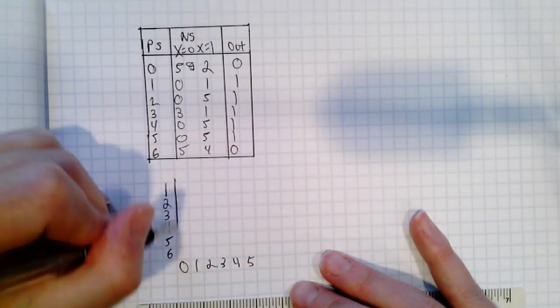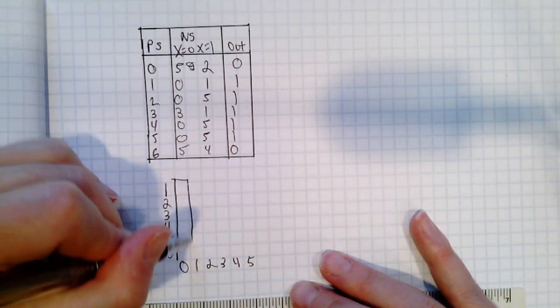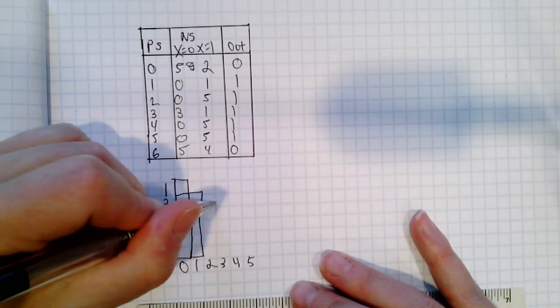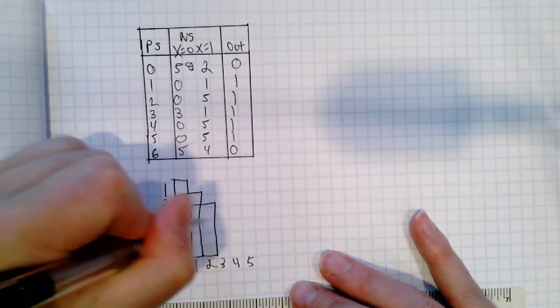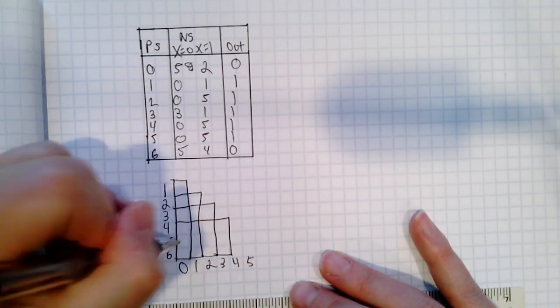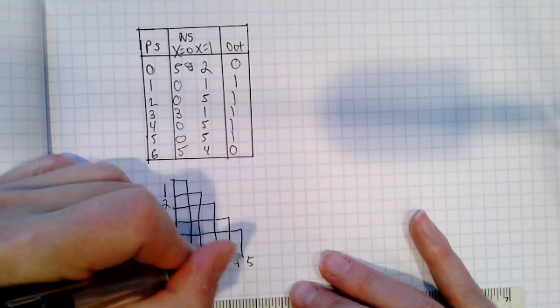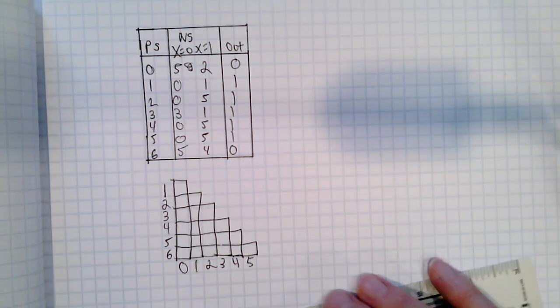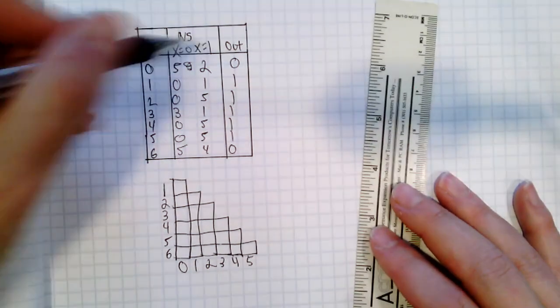And then we'll draw our lower triangular matrix. And then what we'll do is we'll do some output comparisons.